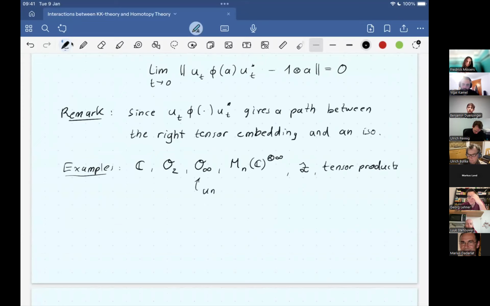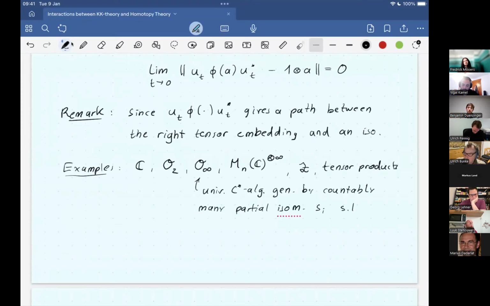This is the universal C star algebra generated by countably many partial isometries S_i, which satisfy the property that S_i star S_j is equal to delta_ij times the identity, where delta_ij is just the Kronecker delta.